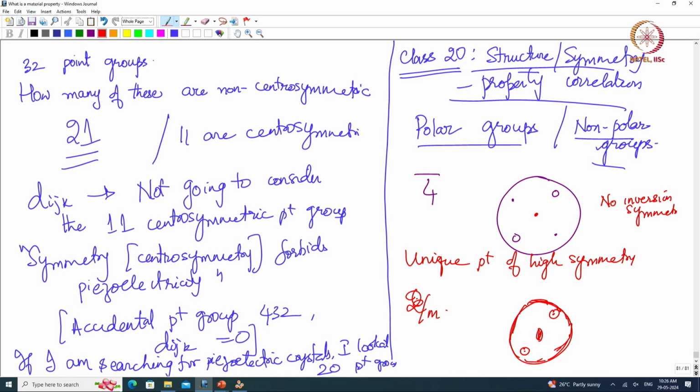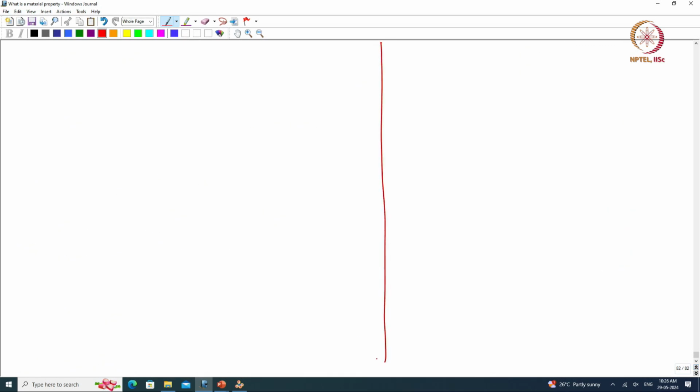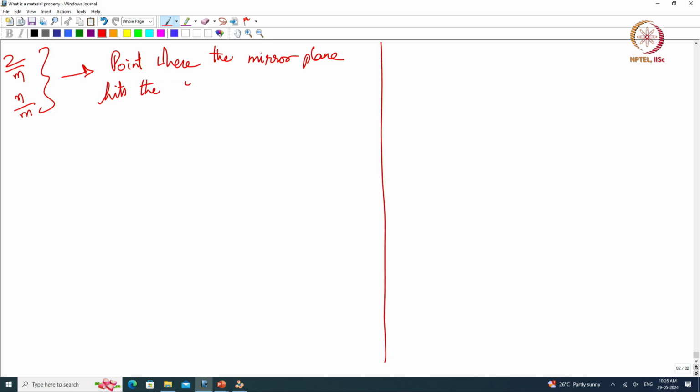But this point where the mirror plane hits the two-fold axis of symmetry, this is the two-fold axis, this is the mirror plane. So, the point in 2 by m, or in general in n by m symmetry operations, where the mirror plane hits the two-fold axis is a unique point.